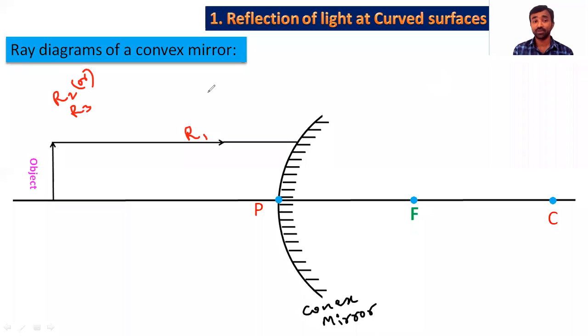Anything is possible. They are directed towards the focus or center of curvature. But remember, we are not going for the second. We are always selecting R1 and R3. R1 and R3, always, for any position of the object in front of the convex mirror. Always I am depending on R1 and R3.